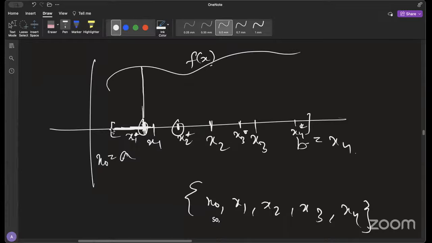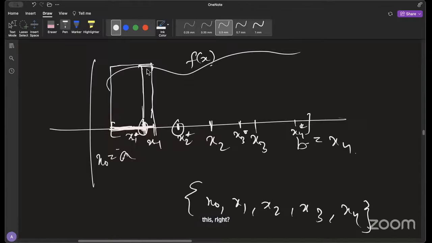So if I draw a rectangle here, the breadth is from A to x1, and this is the height. I'm choosing this to be the height. Here the height is varying, right? At this point, the height is something else; at this point, it's something else. In this entire interval, the height is varying. I'm taking it to be constant as f(x1 star). Then there'll be a rectangle with breadth A to x1, and height f(x1 star).